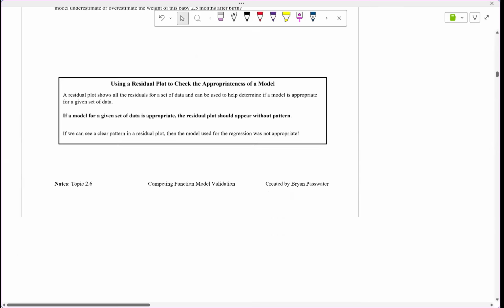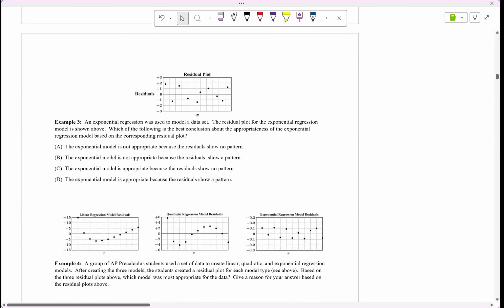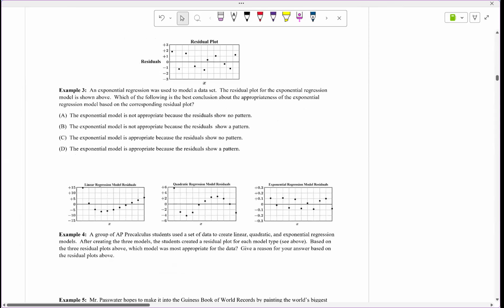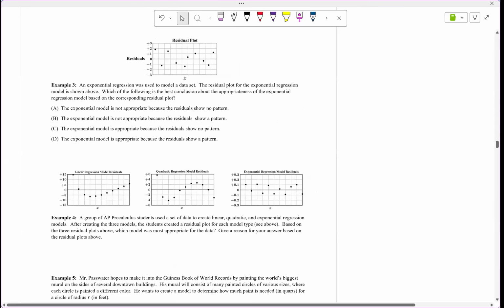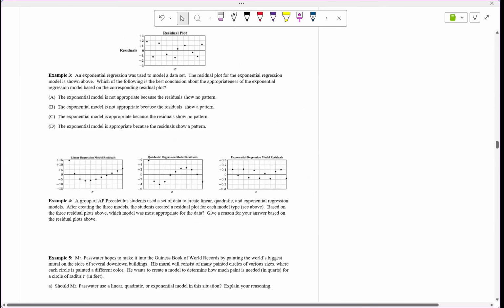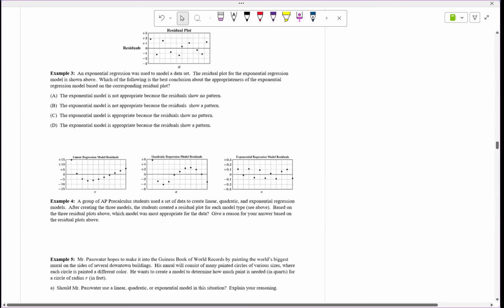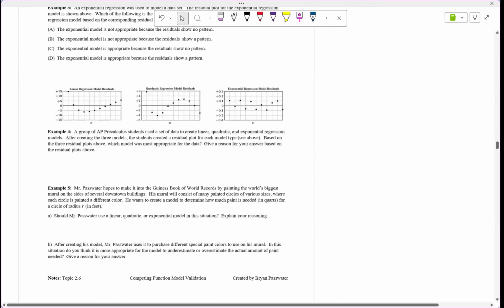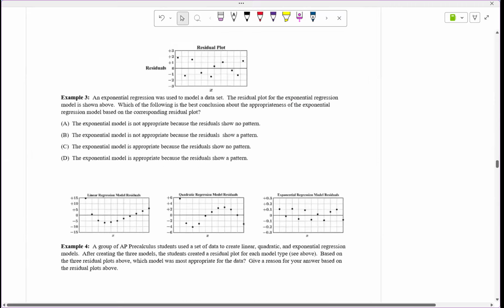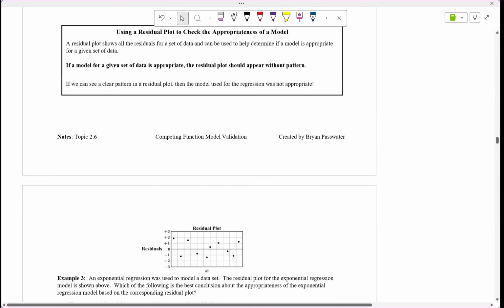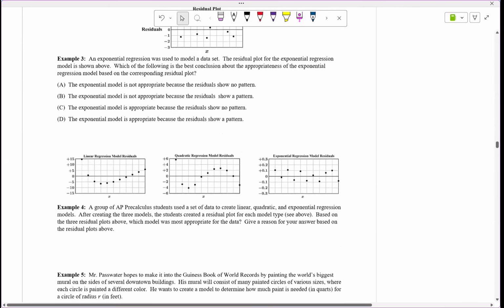Okay, let's try a little bit of these examples 3 and 4. Interesting.